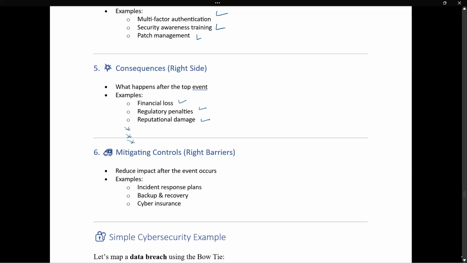These teams are going to mitigate the incident. They will have an incident response plan, backup and recovery, and cyber insurance. In case you are losing financially, you can claim from the insurance company. This is how you can reduce your impact.